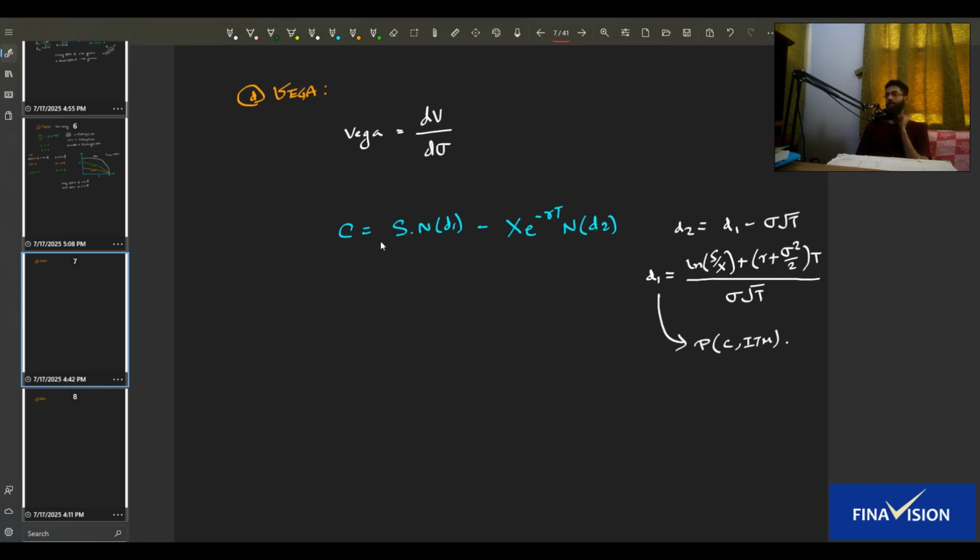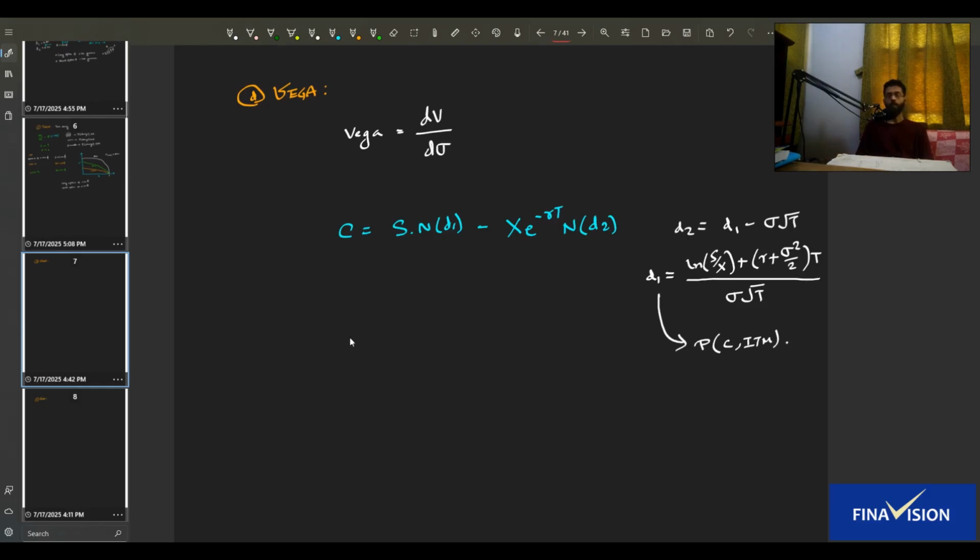Now the answer to this is, through Vega we are trying to understand in case the volatility changes. In case the volatility changes, how will that affect the option premium or the option price? That is what we are trying to understand here, right? So Vega is giving you an idea, in case the volatility changes, what will be the change in value of the option premium, right?